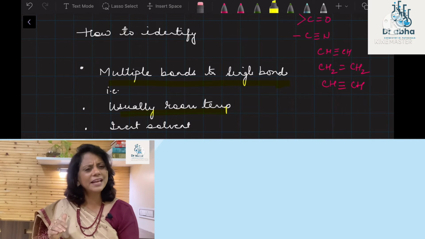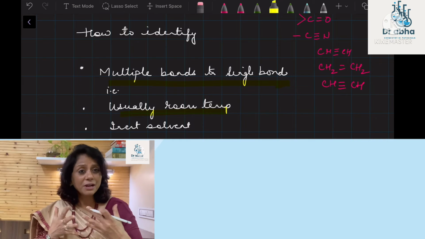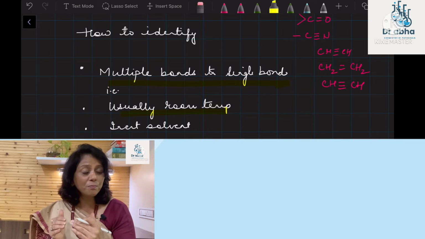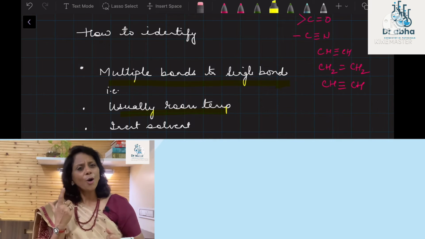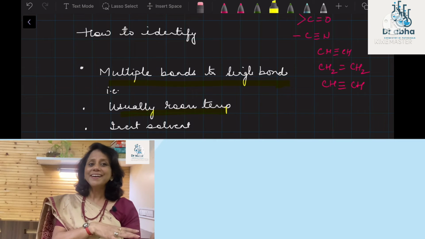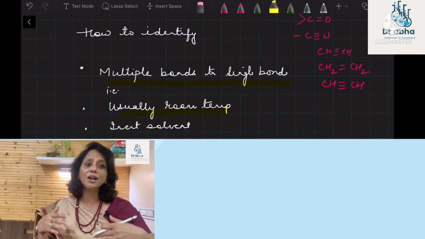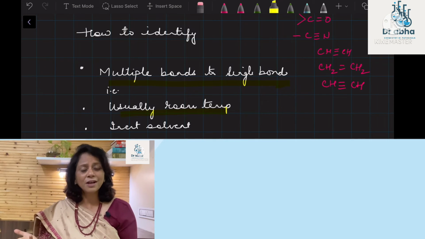No, this will take place at very normal conditions, because thermodynamically, if you look at it, from a multiple bond, two weaker pi bonds are broken and we are going to a stronger bond. Or one double bond is broken and we are going to two single bonds. Two double bonds broken, that is a triple bond broken, and we are going for four single bonds. So thermodynamically it is a very viable way.